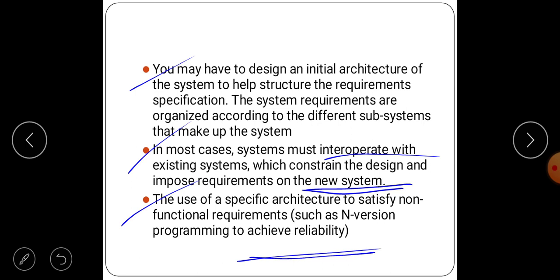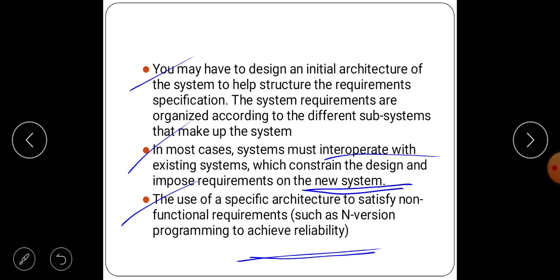Suppose I have to satisfy a non-functional requirement, using a specific structure only, we can satisfy it. What is the specific structure? Here we can use n-version programming to achieve reliability. For reliability, we have to do n-version programming.